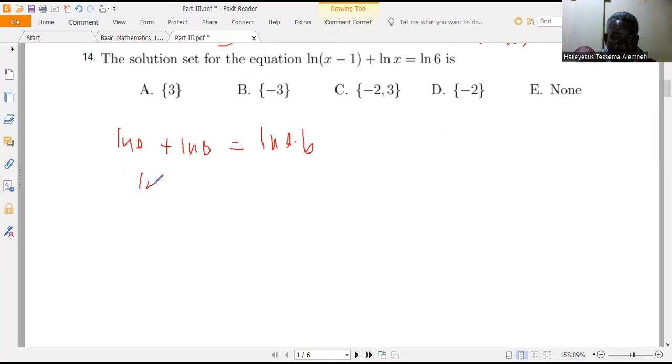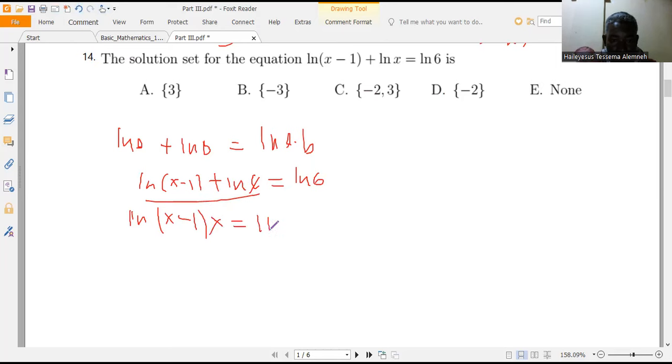Then ln(x minus 1) plus ln x is equal to ln 6, which gives ln of (x minus 1) times x equal to ln 6.